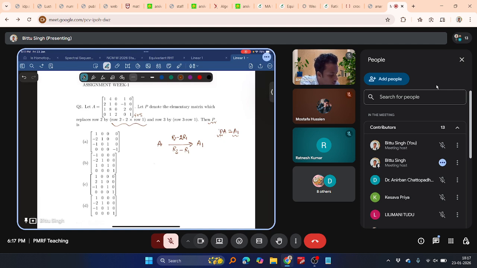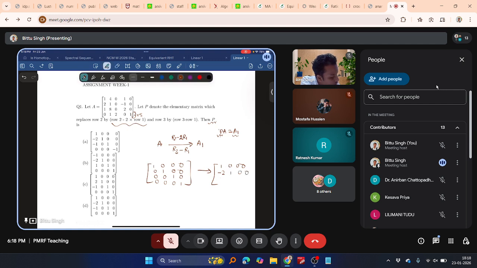We'll take this identity matrix, the 4 by 4 identity matrix, because there are 4 rows. So it is 1 0 0 0, 0 1 0 0. Now R2 minus 2 times R1. What will that be? The first row remains fixed. The second row becomes the second row minus 2 times the first row, so it is minus 2 1 0 0.